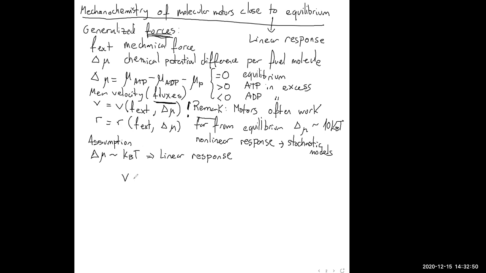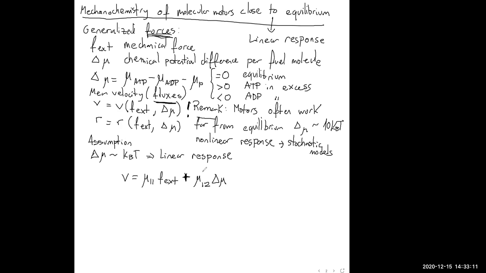The mean velocity is a mobility, mu11, times the external force, plus another coefficient, let me call it mu12, times the other force, delta mu.